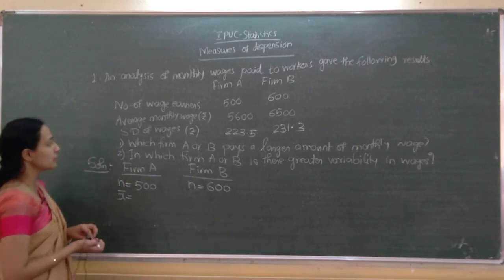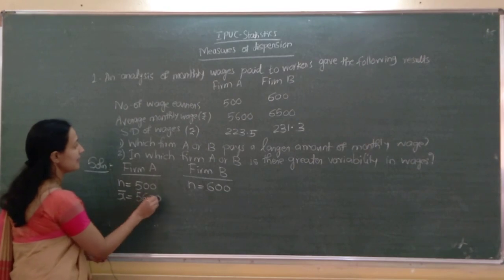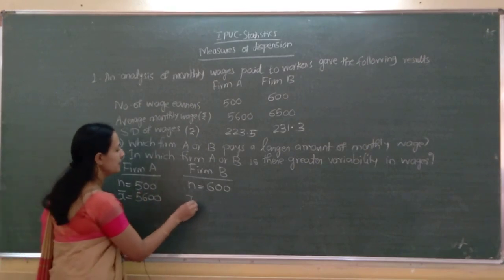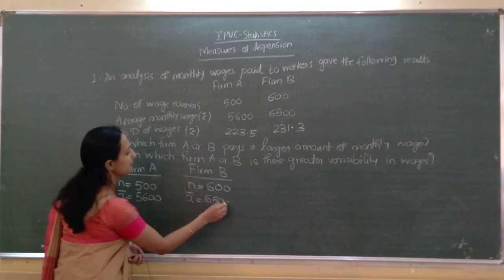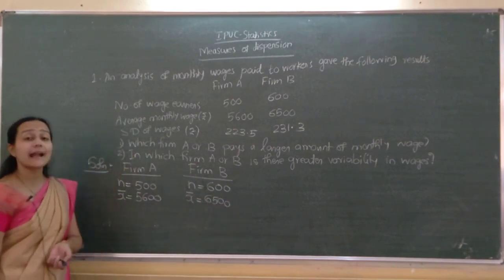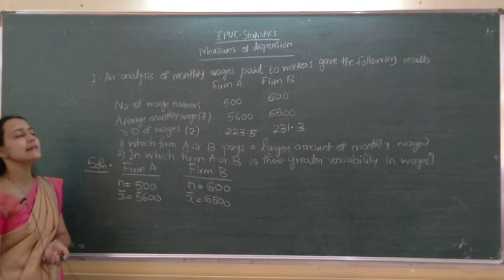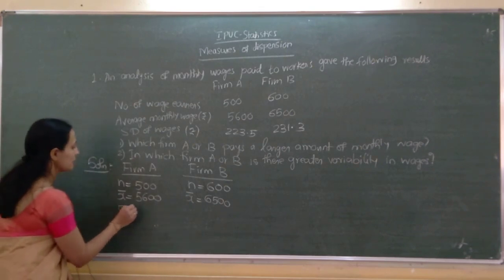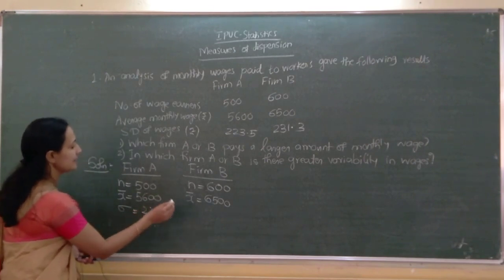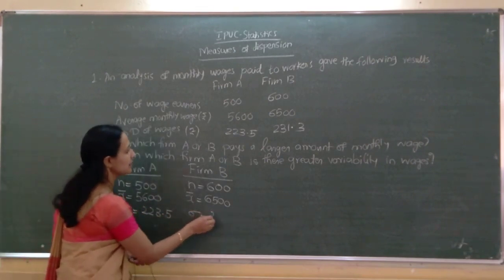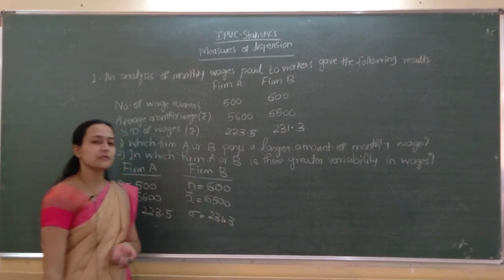So X bar equals, here average monthly wage is 5,600. What about firm B? Firm B, X bar equals 6,500. Correct? Then standard deviation of wages, which is sigma. Sigma equals 223.5 here and here sigma is 231.3. Now go to the question.